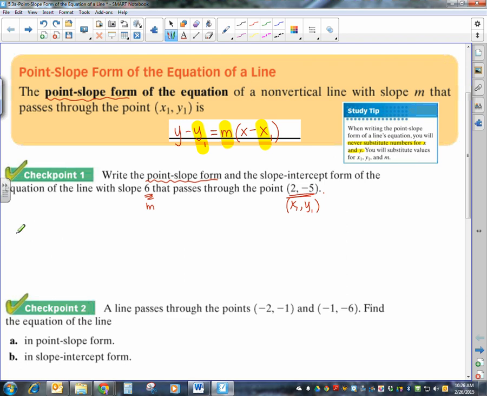So my point slope form is going to be y minus y sub 1, we always use parentheses with a negative, equals m, which is 6, times x minus x sub 1, which is 2.